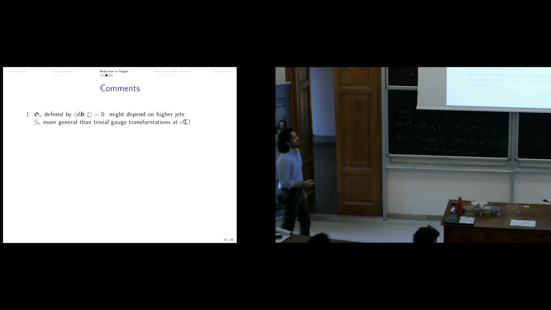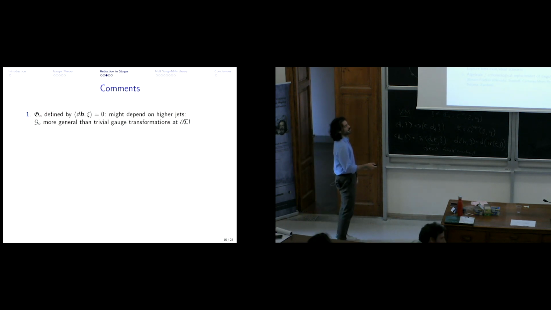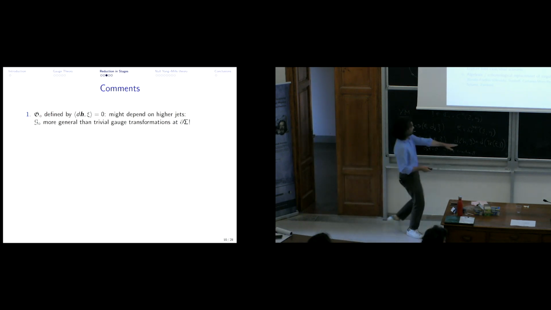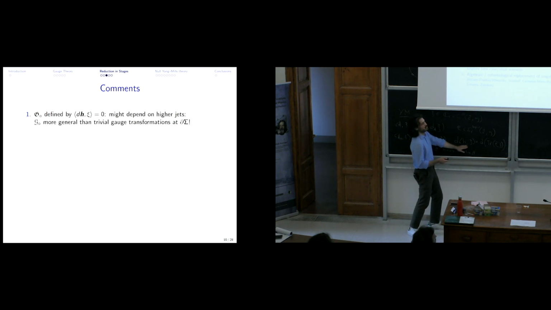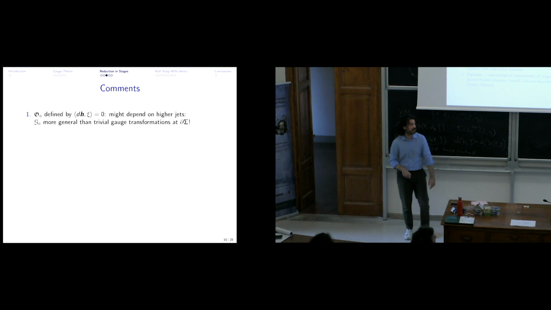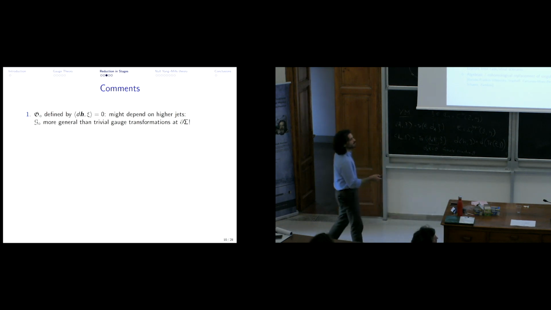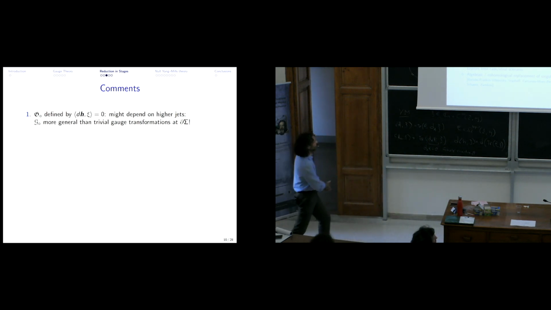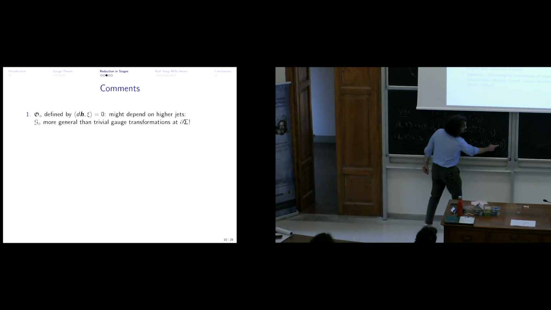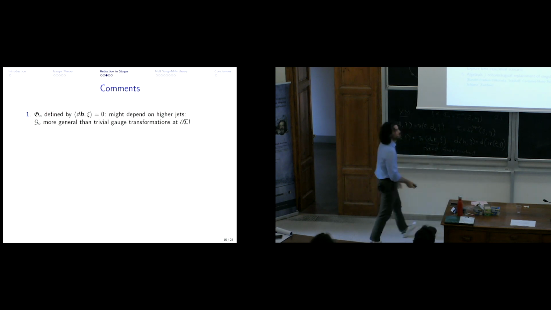So let me comment a little bit on this. So this G naught is defined by this condition, okay? So I have this boundary piece, and I look for gauge transformations that annihilate it at every point. This condition might depend on higher jets. So in this case, it's simple because it only depends on Xi, but I could have something that depends on, I don't know, the second derivative of Xi.